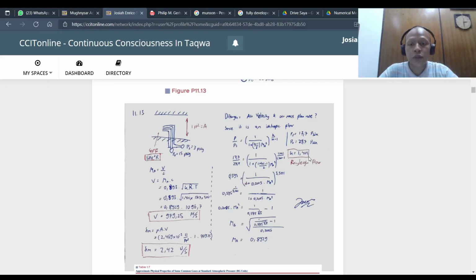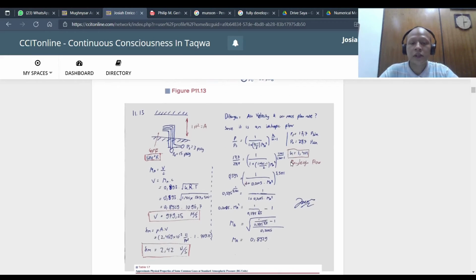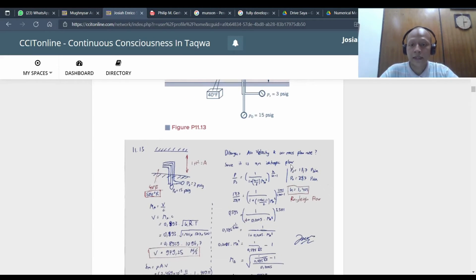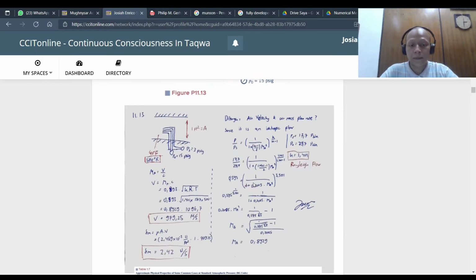The first thing, we need to point out that it is not an incompressible flow. This is a compressible flow, so we need to use a different equation. Let's say we assume this is an isentropic flow, and to find out the velocity, we're gonna need the Mach number. Let's find out the Mach number first.